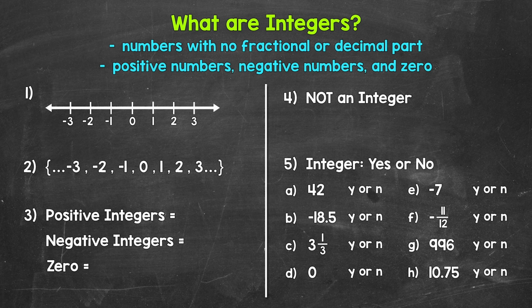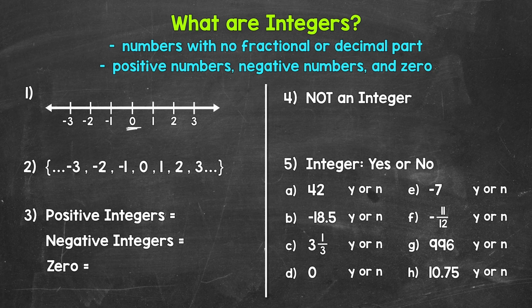Now, simply put, integers are numbers with no fractional or decimal part. Integers include positive numbers, negative numbers, and zero. Let's go through some examples to better understand this. Starting with number 1, where we have a number line. We're going to start at 0, which again is an integer.